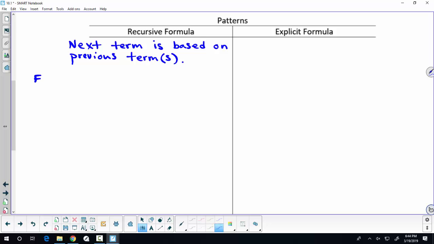For example, if we define a sub n to be 2 times a sub n minus 1, where a sub 1 is equal to 3. So here the nth term is defined as 2 times the previous term. And so we have our first term, we can build all of the other terms from that.